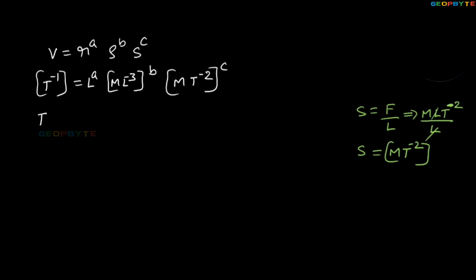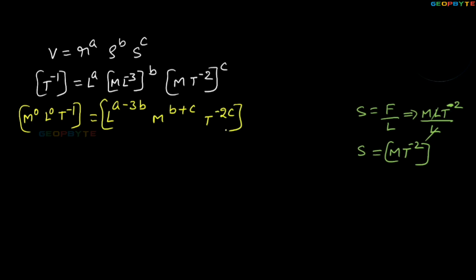The T^-1 can also be written as M^0 L^0 T^-1. Listen carefully, this equals L^(a minus 3b), M^(b plus c) and T^(minus 2c).